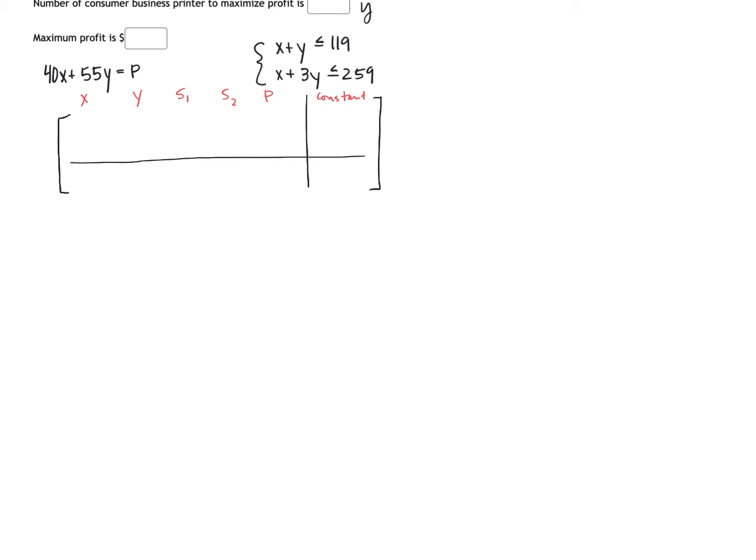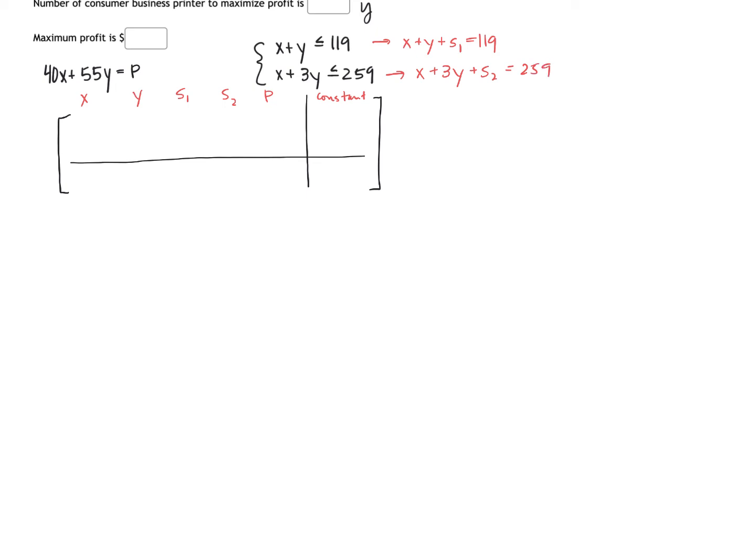The first equation is going to come from the first inequality: x plus y plus the slack variable is 119. The second equation comes from the second inequality: x plus 3y plus the second slack variable is equal to 259.